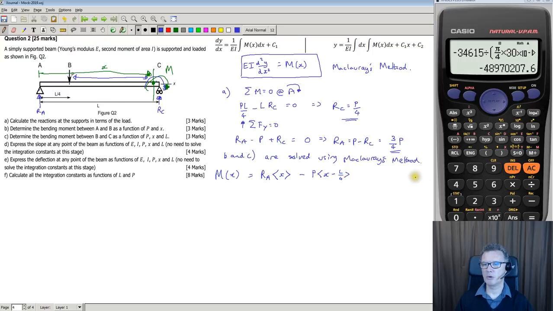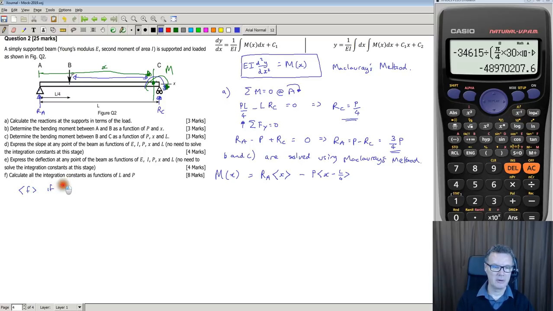So if you haven't seen the Macaulay's method before, these triangle brackets basically mean if the thing inside the brackets is less than 0, then the value of the bracket is equal to 0. So let's say we've got something inside, let's call it f.